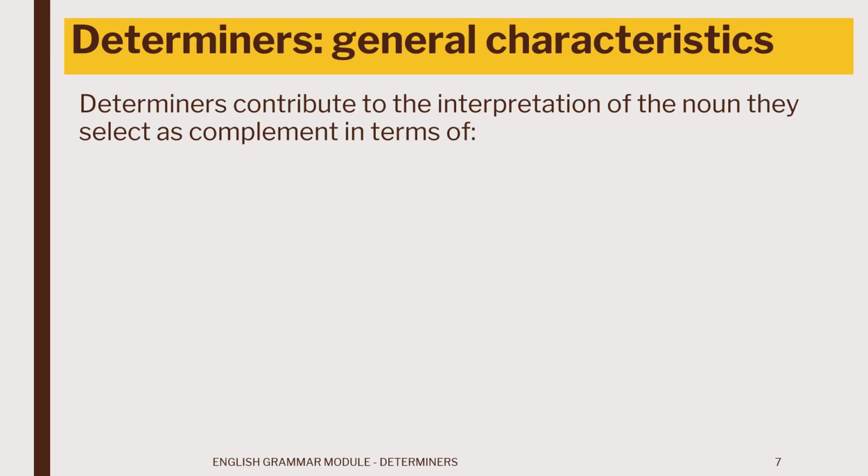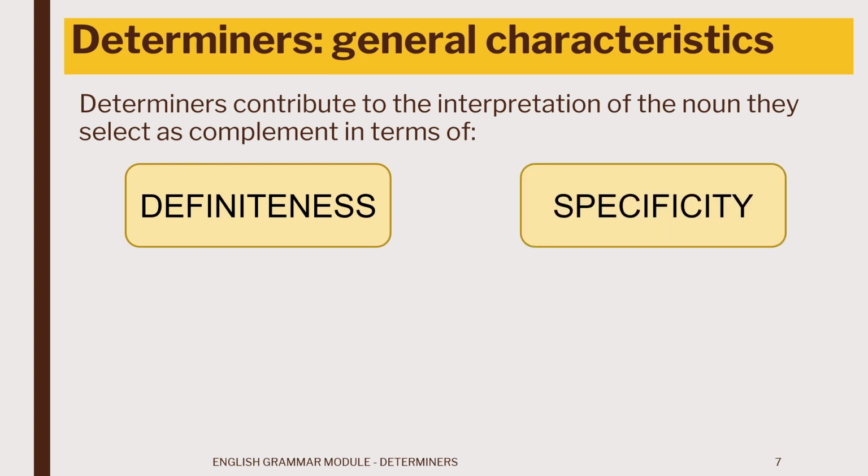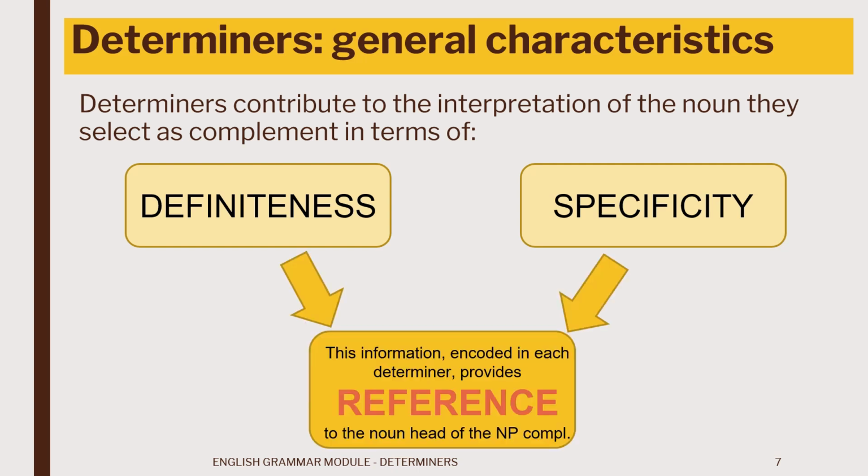Determiners are necessary in English and in many other languages because they allow us to assign a specific interpretation to the noun they select as complement, as we saw in the previous examples. As they are functional categories and they carry grammatical information, this interpretation is possible because determiners carry information about definiteness and specificity.